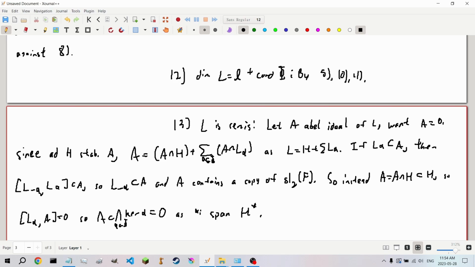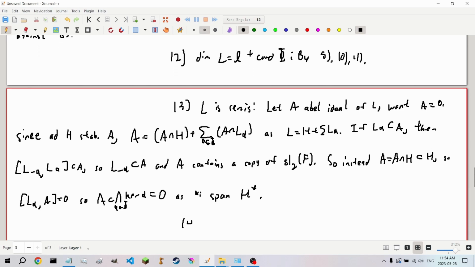Step 14, I believe this is our last one. Not 100% sure on that though. L has a Cartan subalgebra H with root system being our axiomatic one. H is abelian, so is nilpotent.